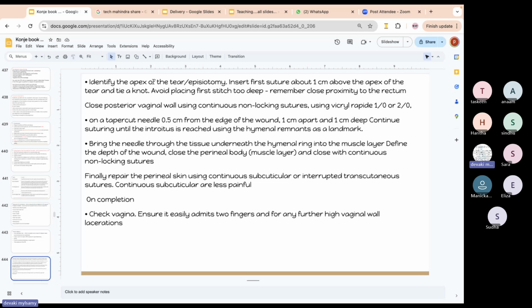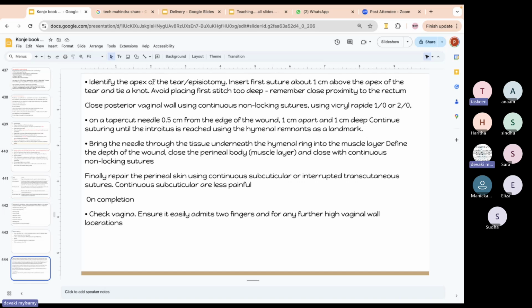Identify the apex. Very nicely you mentioned 0.5 to 1 centimeter above the apex, not too deep, to avoid injury to the rectal mucosa or rectum. Then 0.5 centimeter away from the edges, and 0.5 to 1 centimeter apart, with continuous non-interlocking sutures. Here they had mentioned 2-0 Vicryl or polyglactin, but the RCOG mentions 1-0 Vicryl, and the basic practical skills book also mentions 1-0.